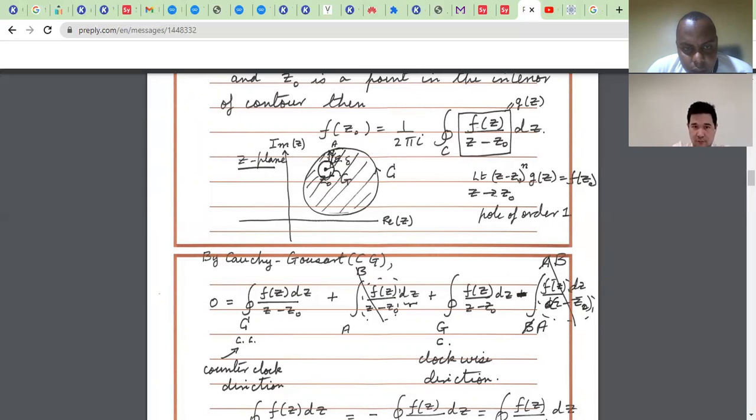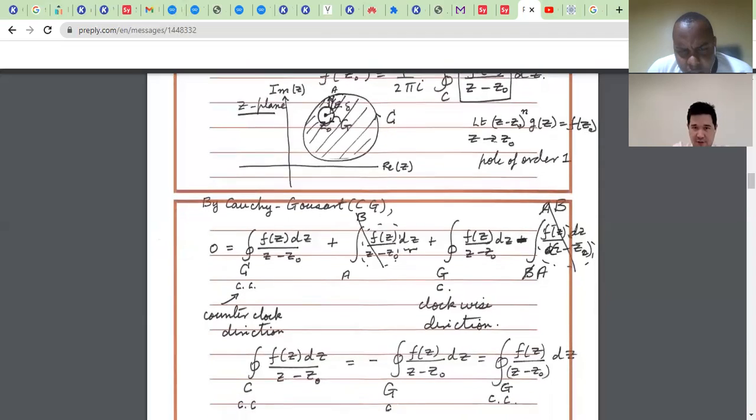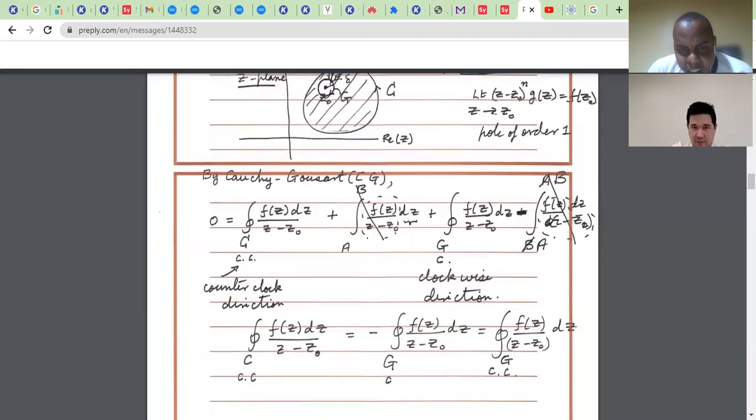So the integral along the contour plus the integral from A to B plus the integral along the contour G minus this integral, the same integral, are all going to be 0. Okay, I agree.